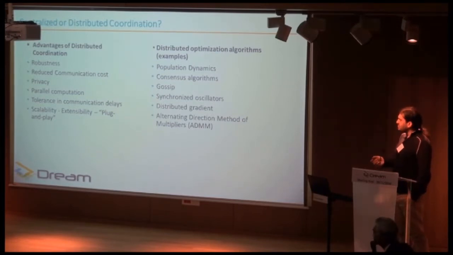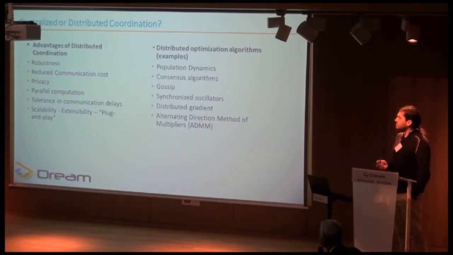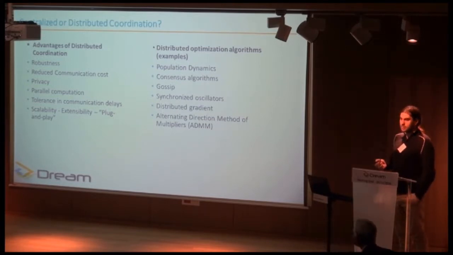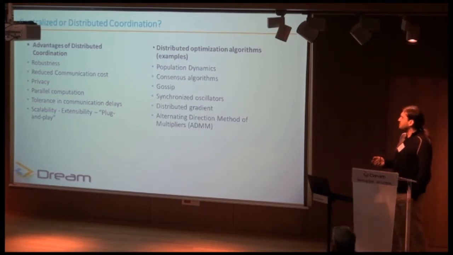We have reduced communication cost, privacy of the customers, the computation can be performed in parallel, and there is of course tolerance in communication delays, and for me the most important is that this way of designing the system is much more scalable and extensible, and we have plug-and-play capability.